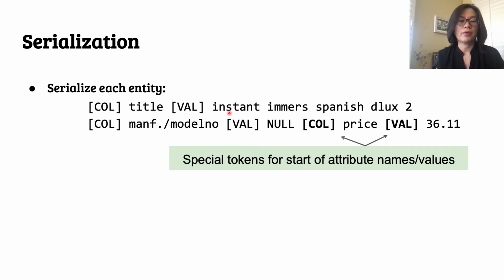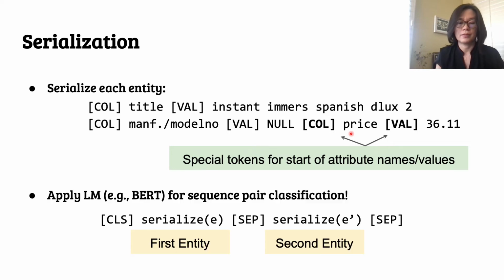We do this for every attribute-value pair in the record to make it a sequence of tokens. To serialize the pair, we serialize the first entity as follows, followed by a special separator token, and the second entity followed by a special separator token. There's also a CLS token.